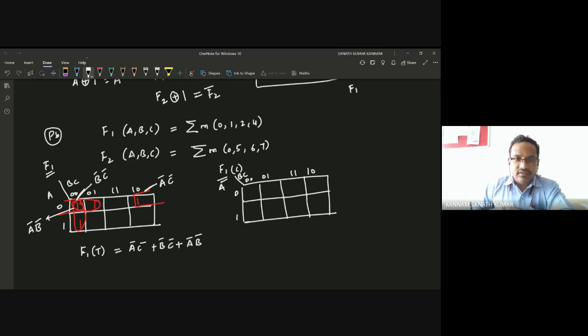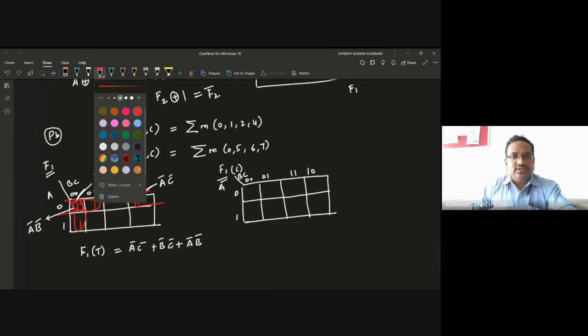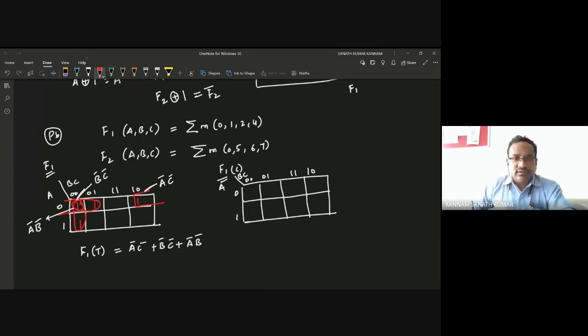Other than the ones, here this is 0, and this is 0, and this is 0, and this is 0. So you can make this as one pair, this as one pair, this as one pair.